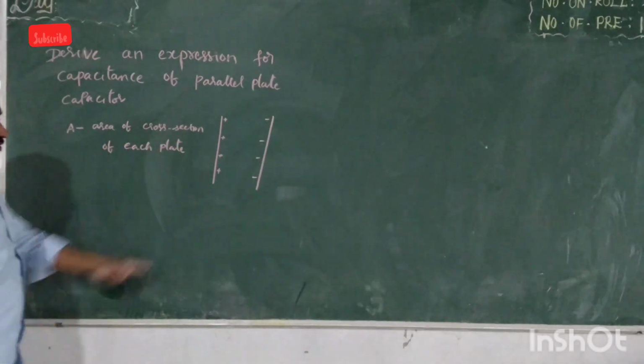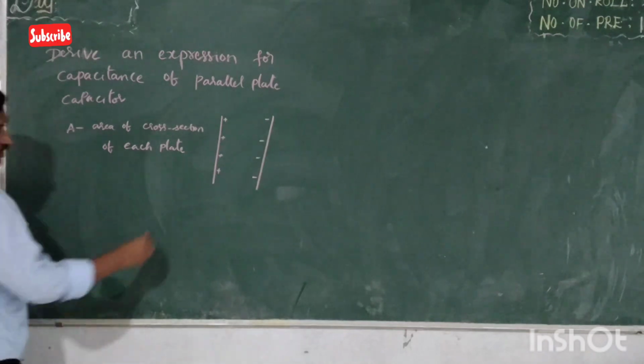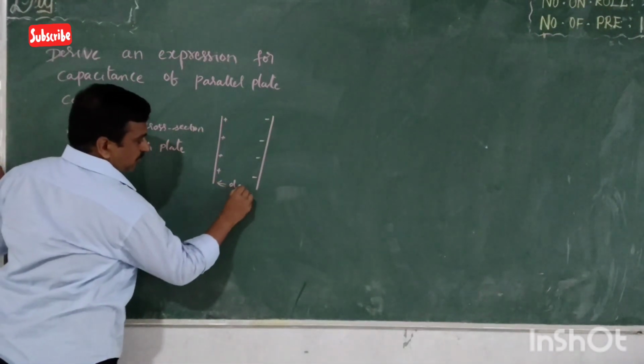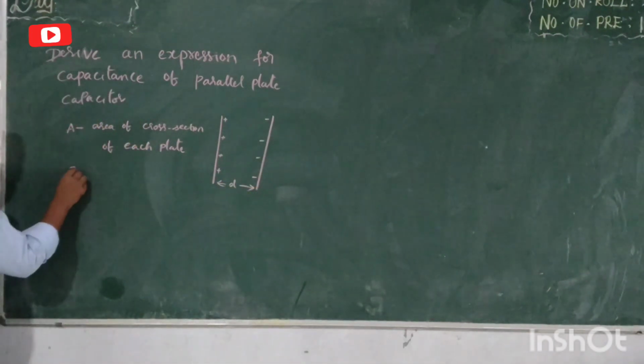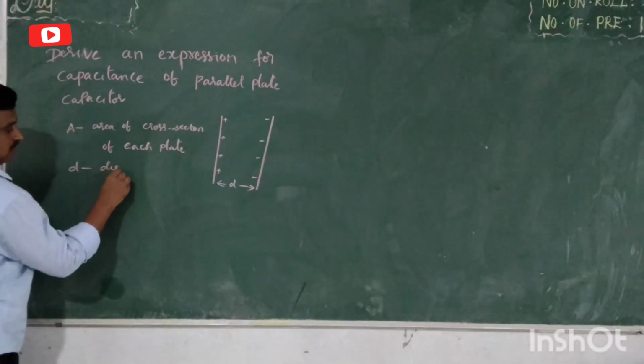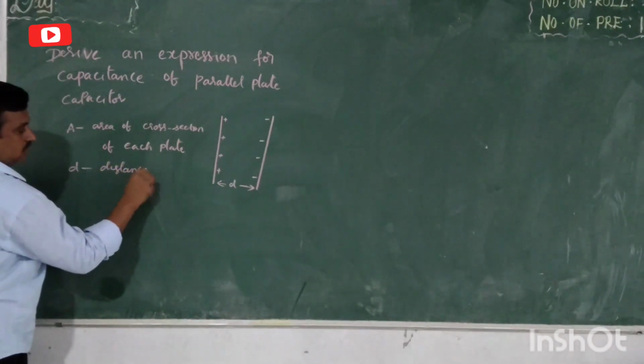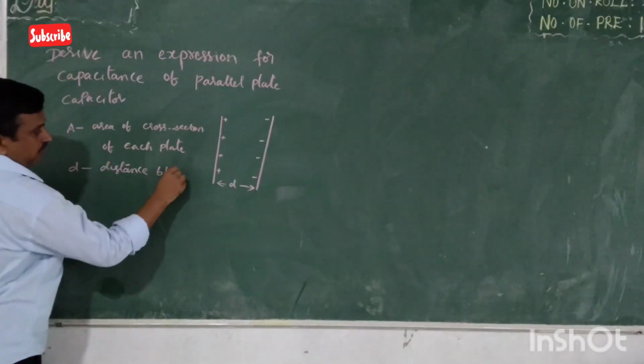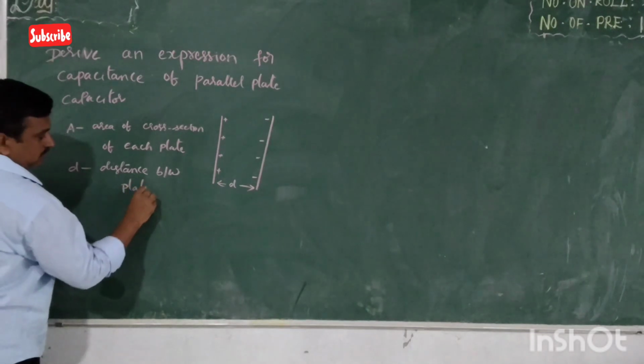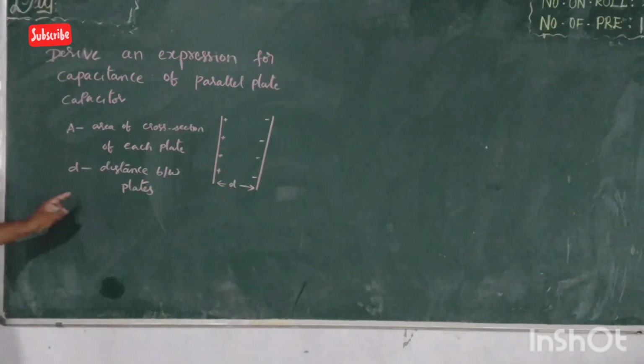Area of cross section of each plate is A. The distance between the plates is small d.